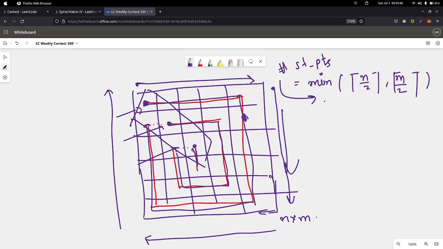So in this case, I continue this till here, and then I start this traversal from this cell itself. So we can see only the first cell starts at the corner point, basically this principal diagonal. So other cells don't start at the corners.